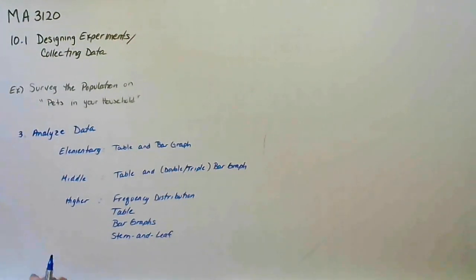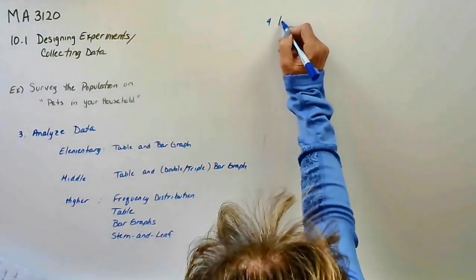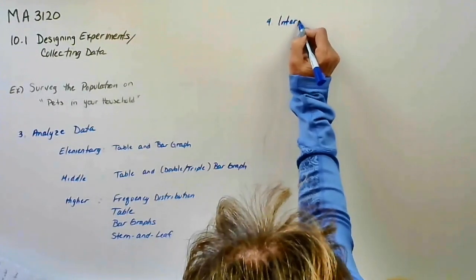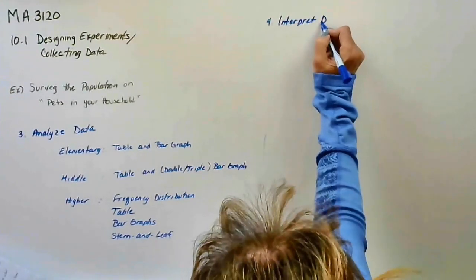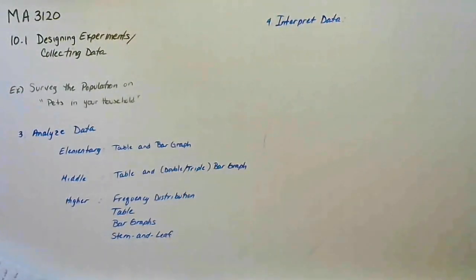So our fourth thing here is to interpret the data. Interpret your results. You can't finish an experiment without, at the very end, coming up with what do you think happened? What do you think it means?